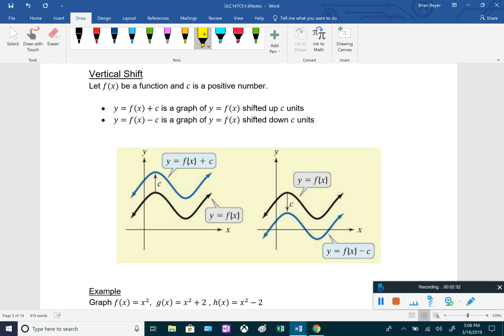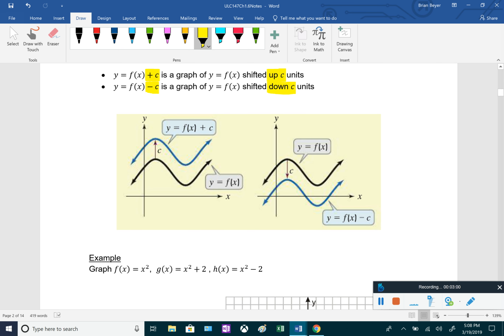So if we're adding some c value, that's going to be moving f of x up c units. And if we are subtracting c, it's going to be moving it down c units. That's taking all of the y values and adding c, meaning it would be going up c units, or if it's taking the y values and subtracting c, which moves it down c units.